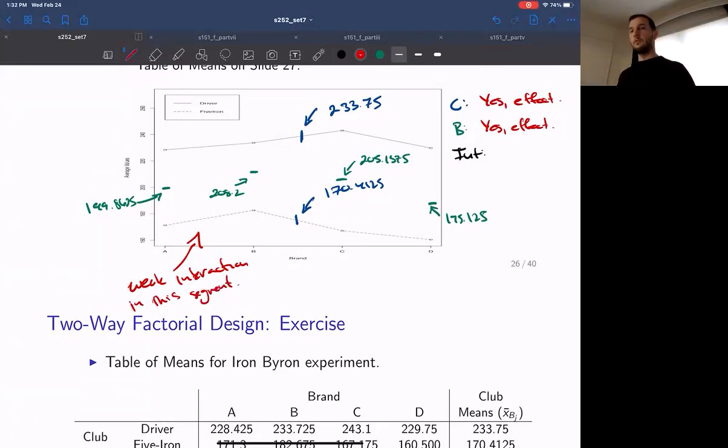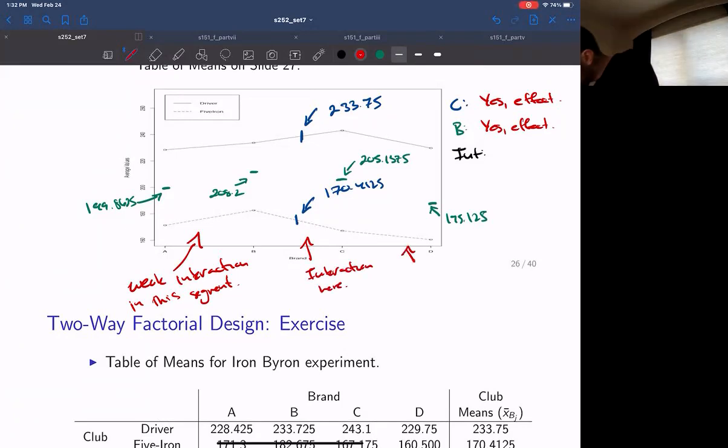Okay. So they're almost parallel, but the one is slightly steeper than the other, so that would imply a weak interaction. Here, we can see that they're actually going in different directions. So the solid line is sloping up, the dashed line is sloping down. So we would expect to see interaction here.